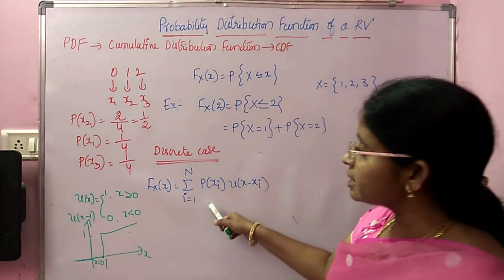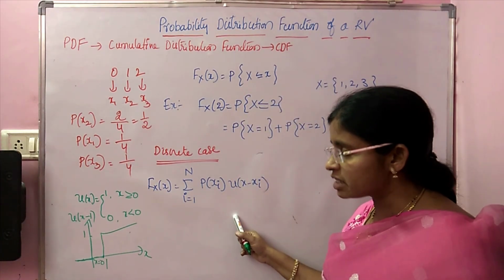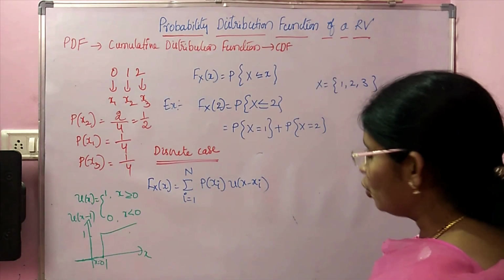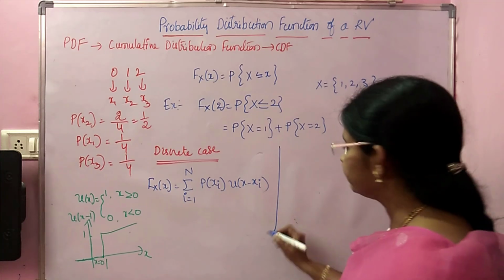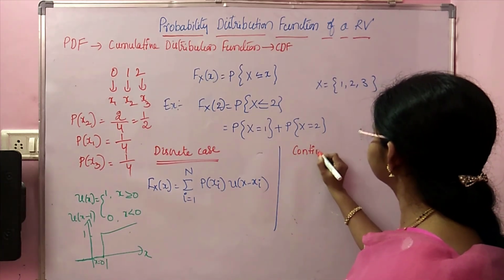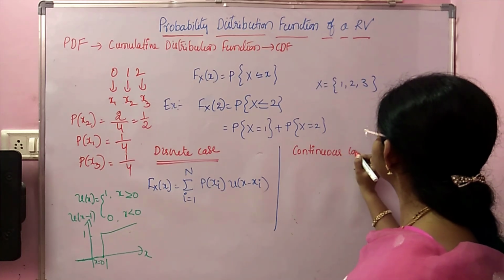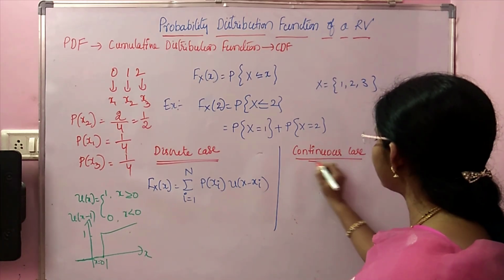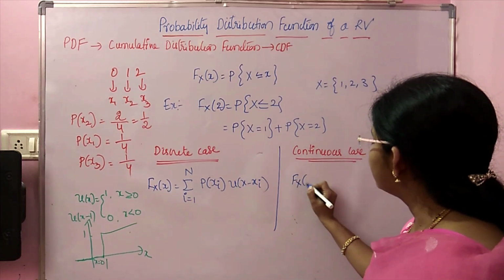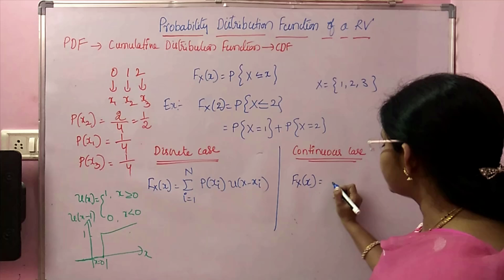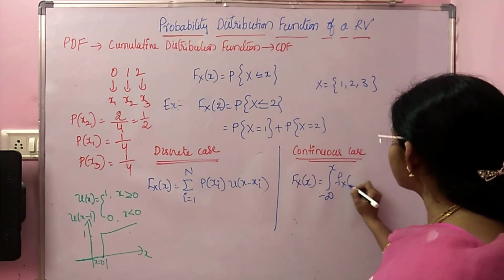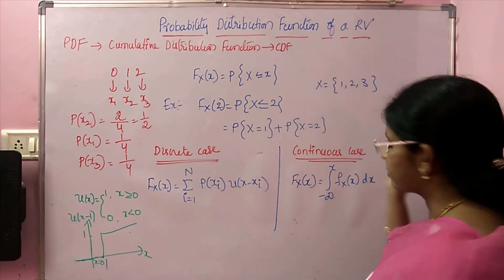So this is about the expression of the distribution function in the case of discrete. Now, if you go for continuous, for the continuous case, the probability distribution function Fx of x is equal to the integral from minus infinity to x of fx of x dx.